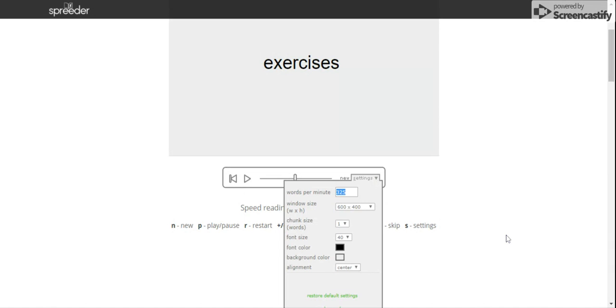So for example, I might choose 150 words per minute to start. Or I might choose, let's say 300. Okay, so if I read 300 words per minute, that is my speed on this assignment. Do you see what I mean?